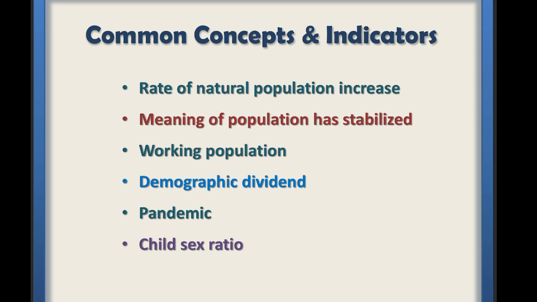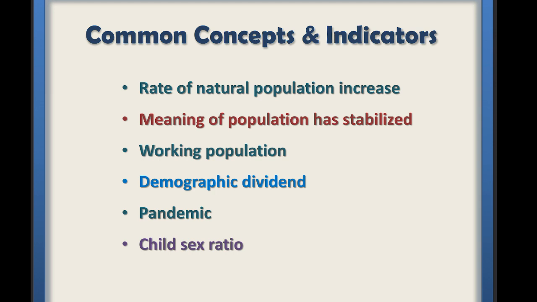Also note that there has been a drastic fall in the child sex ratio, that is due to the severe neglect of the baby girl child during infancy and sex specific abortions, female infanticide.